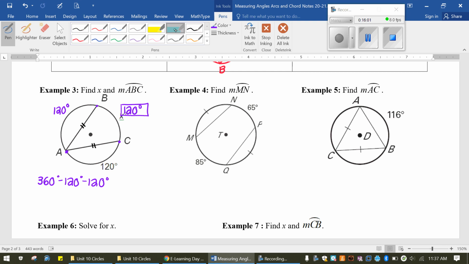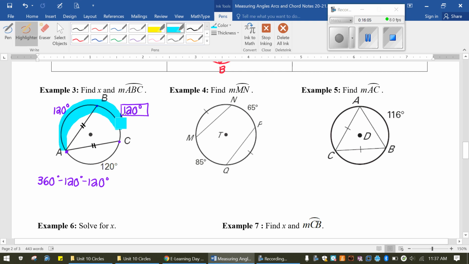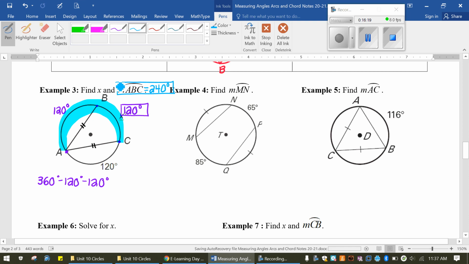And then to answer the other question, what's the measure of B, you would add together 120 and 120 to be 240 degrees. Okay, so that's using both properties above. It's using the property of congruent chords to give you congruent arcs, and it's also using the arc addition.